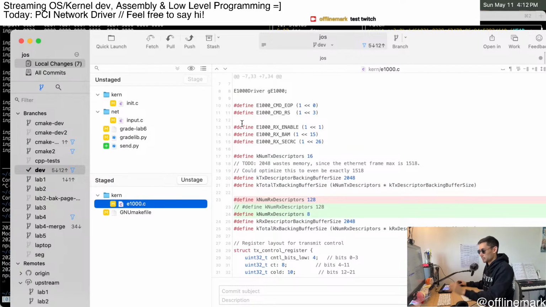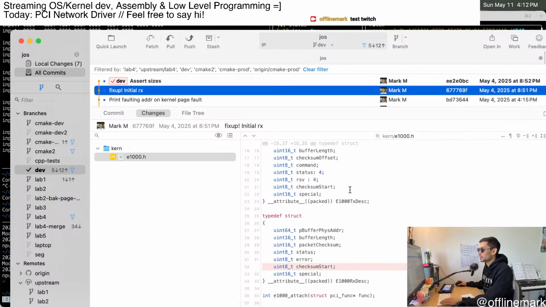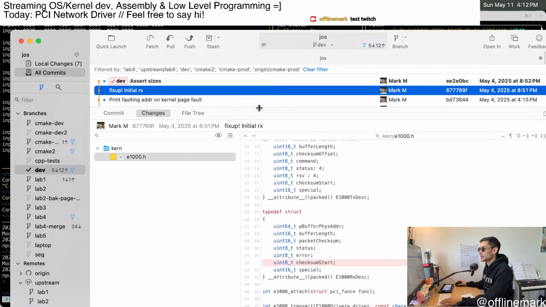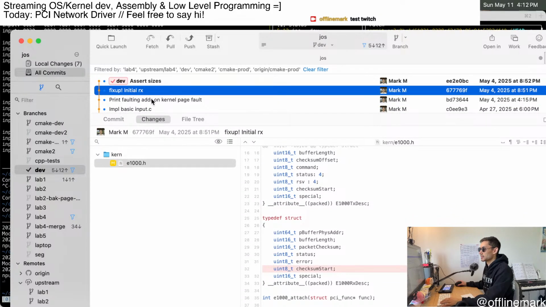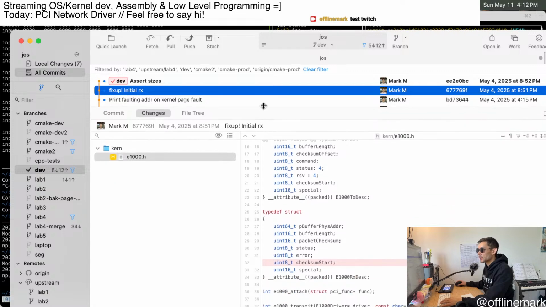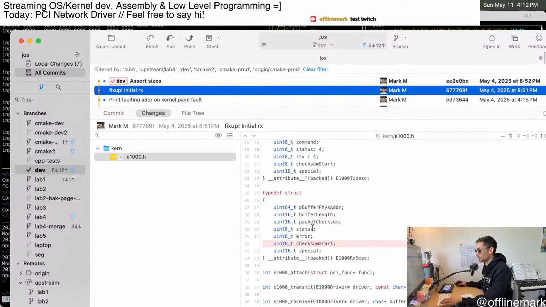And I'm looking for one particular change I made, which is right here. I had this really serious problem with my network driver. I just had a copy paste error where I had this kind of random struct member in my struct for the receive descriptor, and that was really serious because it caused the structure to mismatch with the structure the hardware was expecting, and that's why my receives weren't working.